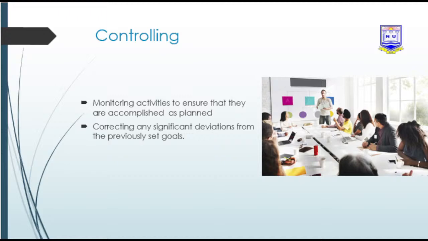They need to correct any significant deviation from the previously set goals. Once you have planned something, you need to control the resources. You need to control who accesses which resource and who is capable of doing which item. Look at the human resources that you have.